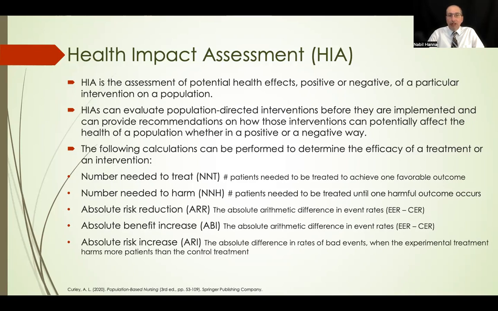The absolute risk increase is the absolute difference in rates of bad events, like side effects of a drug, when the experimental treatment harms more patients than the control treatment. Experimental event rate and control event rate are understood as how many patients benefit in the experiment versus how many patients also do not show a bad outcome in the control group.